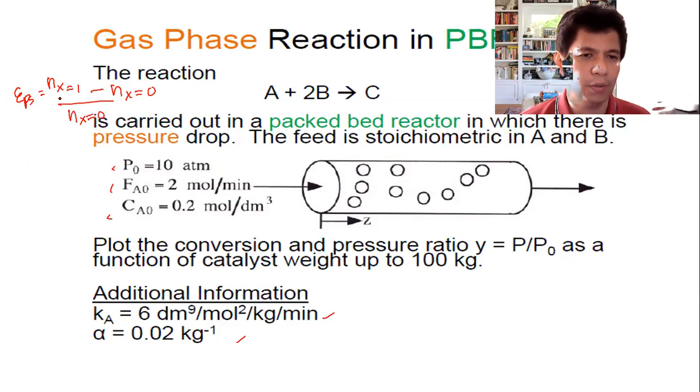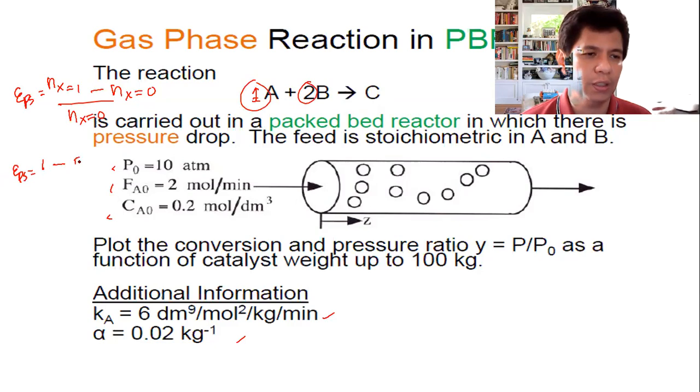So, when X is equal to 1, it's going to be 1, kasi wala naman tayong inactive reactant or inactive ingredients. Wala tayong inert. So the product is 1 mole. So epsilon is basically equal to n at X equals 1, which is 1, minus n at X equals 0, which is 1 plus 2, that would be 3.